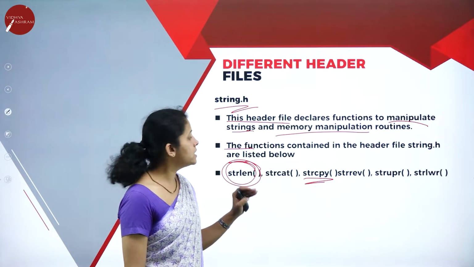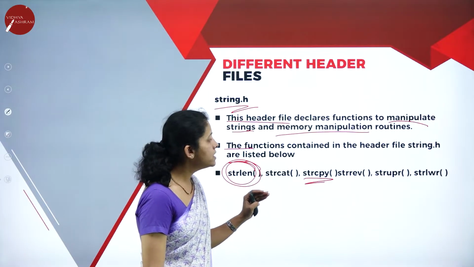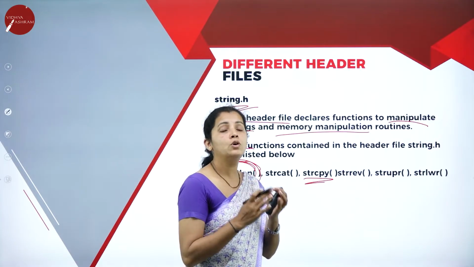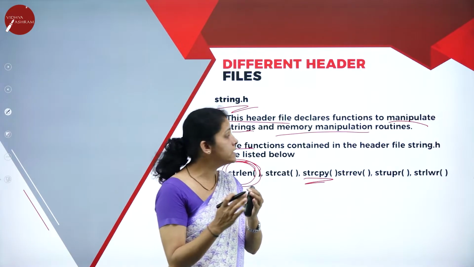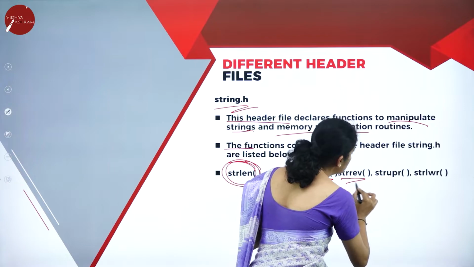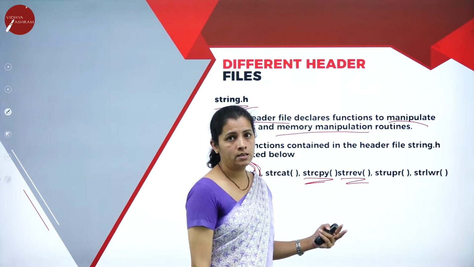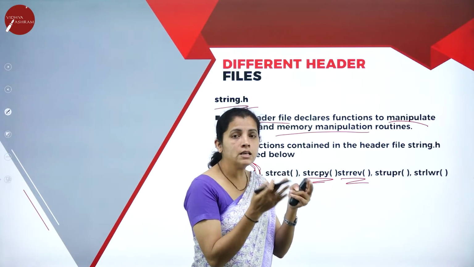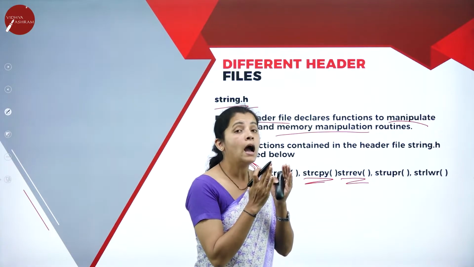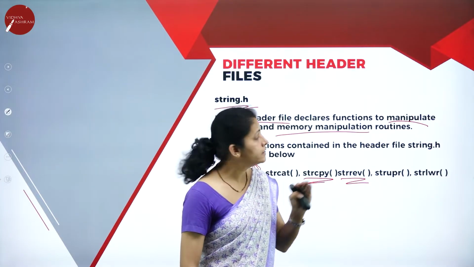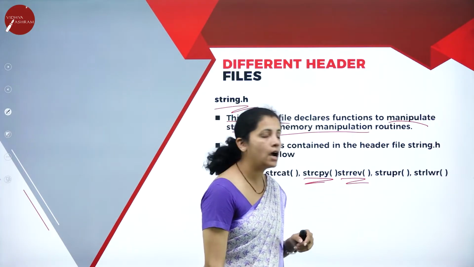And what is string reverse? That means I want to reverse the given string. If I want to reverse the given string, at that time I'm going to use string reverse. Then what is string uppercase? Whatever string I have, if I want to convert it into uppercase, then I'm going to use string uppercase.